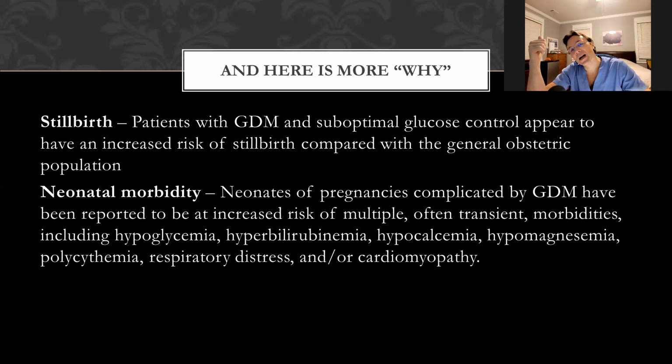Because when this is happening, baby's getting too much glucose from the maternal blood, and as a result, the fetal pancreas is responding by producing more insulin, and the pancreas will have pancreatic hyperplasia, right?